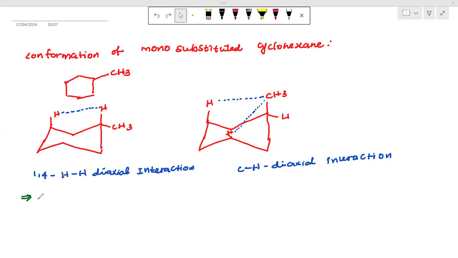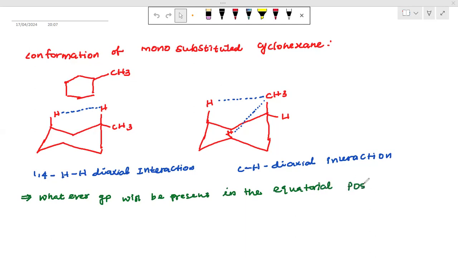So write this below as the main highlighted point: whatever group will be present, it should be in the equatorial position rather than the axial position.